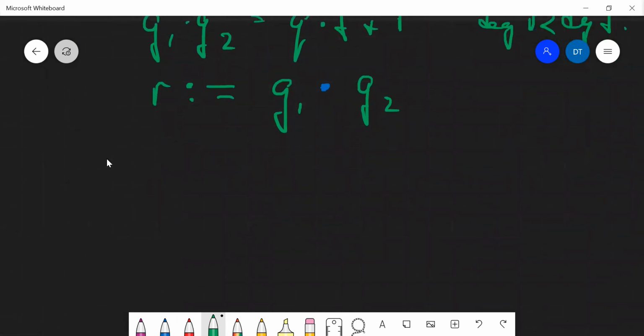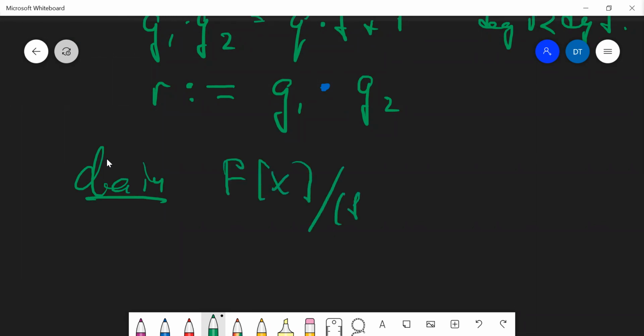Now, there is a claim saying that the set of all remainders with the addition and multiplication above is a commutative ring.